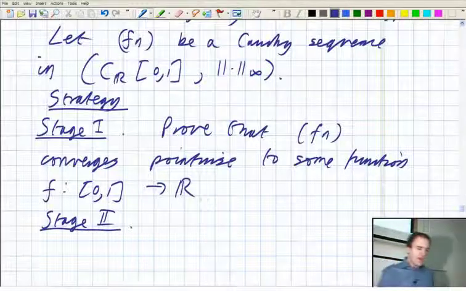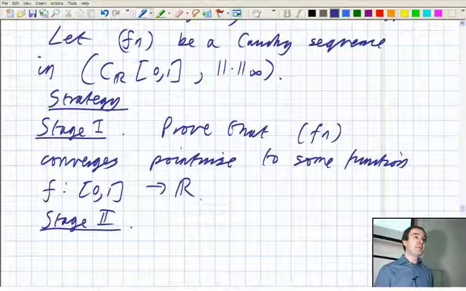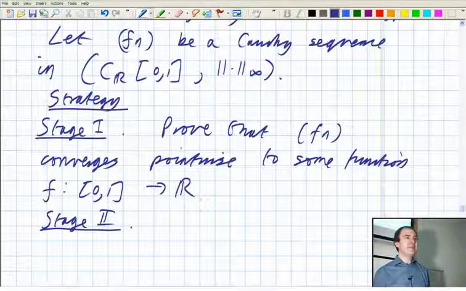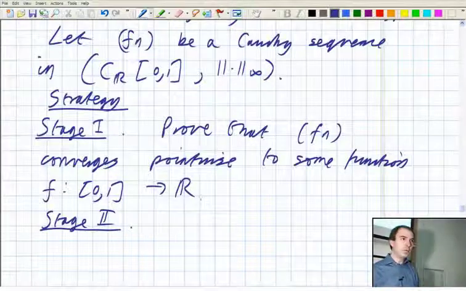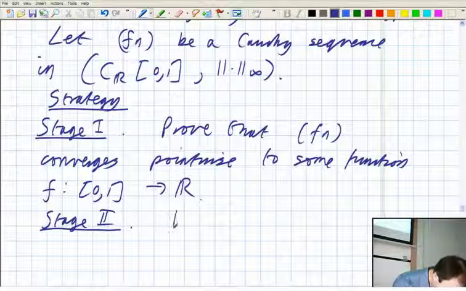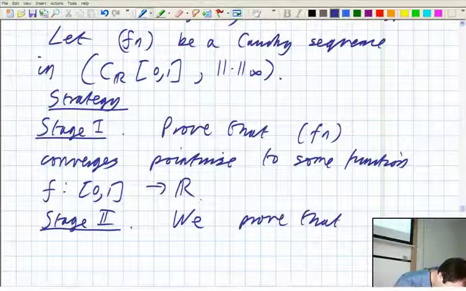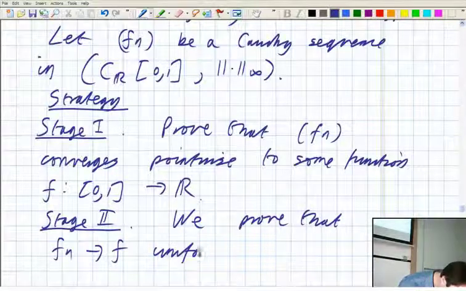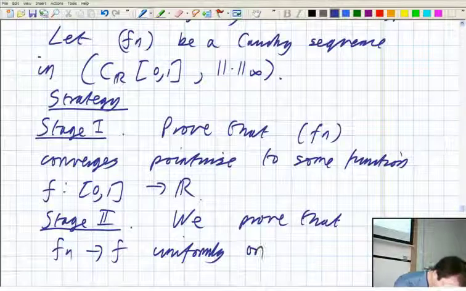We'll prove that, in fact, Fn converges uniformly to this function f, and that f is therefore in C_R[0,1], and that Fn tends to f with respect to norm infinity. So we'll do all the rest of it in one go. We prove that Fn tends to f uniformly on [0,1].